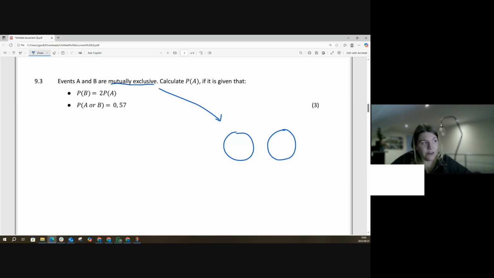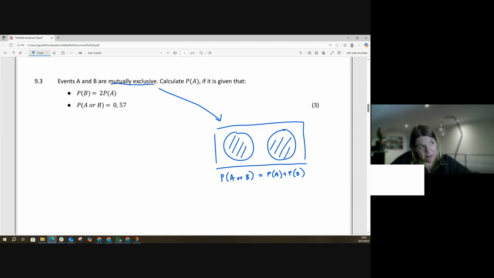They are not going to interact with each other. Okay, they are mutually exclusive. If we're looking at no touchy circles, if we look at it from a formula point of view, the probability of A or B is going to be equal to the probability of A plus the probability of B. So it's just saying that this probability plus this probability would be A or B, because there is no intersection.